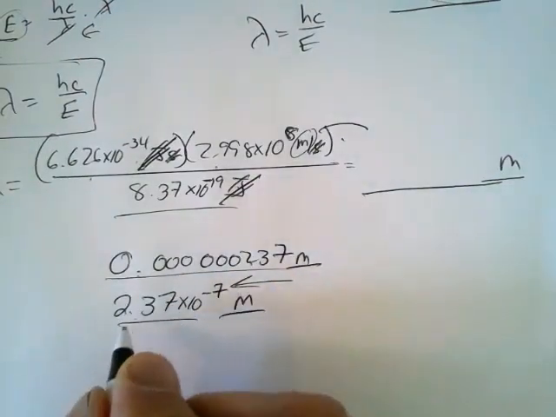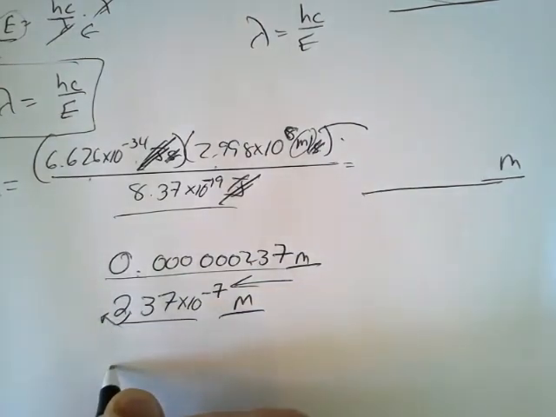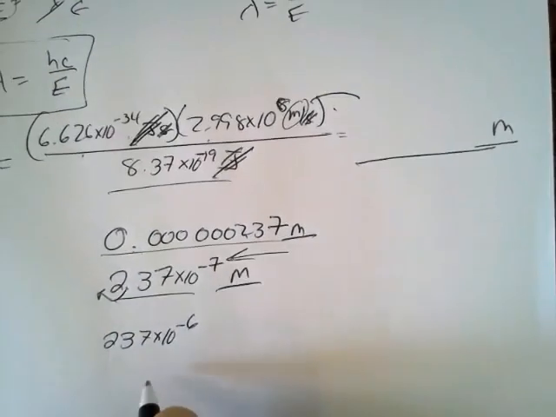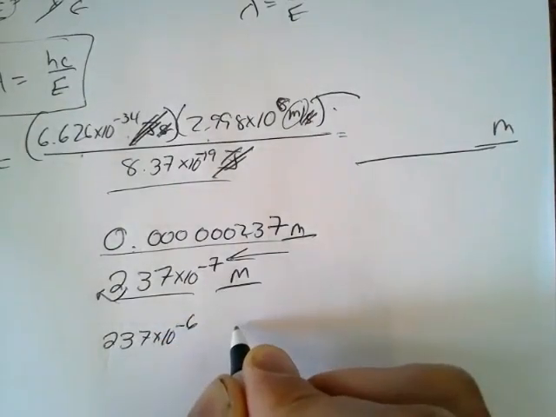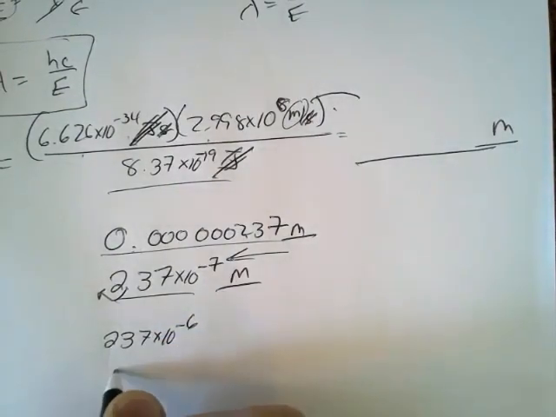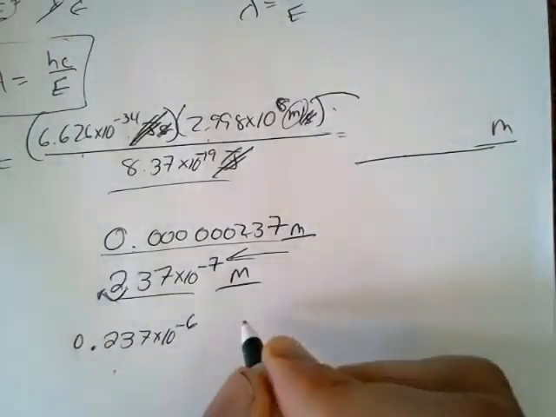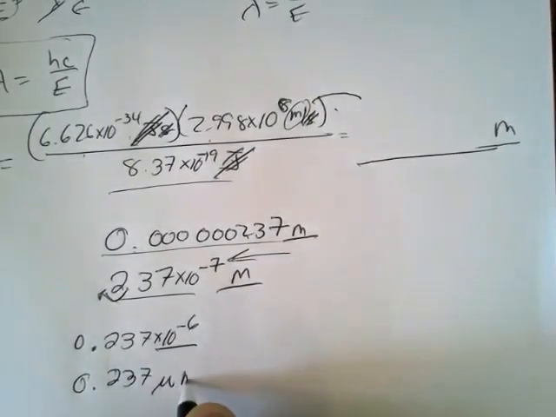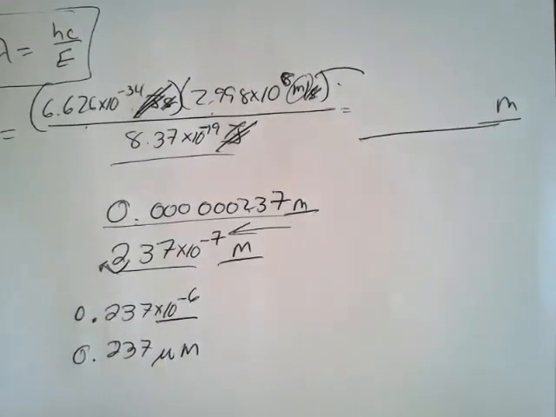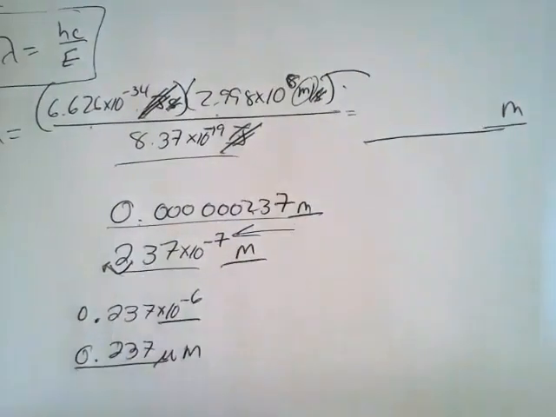If we swung the decimal place over that way, we would now have 237 times 10 to the minus 6, which would be 0.237 times 10 to the minus 6. And then we could say that would be 0.237 micrometers, also pronounced micrometers. More common here, though, would be to try to not do this in decimals.